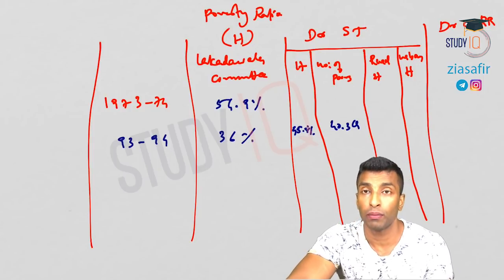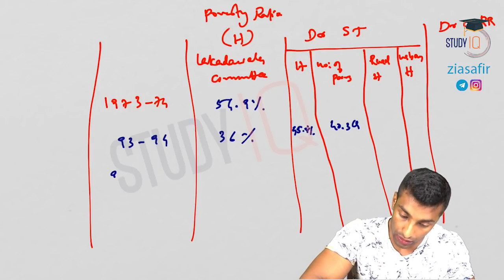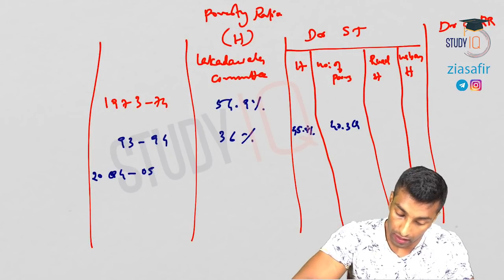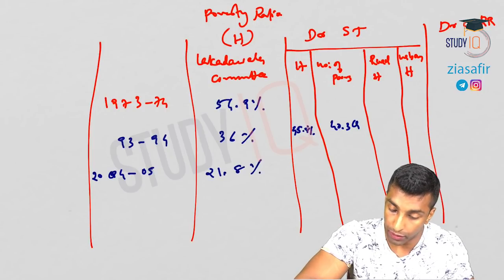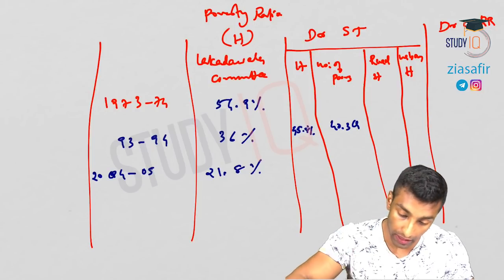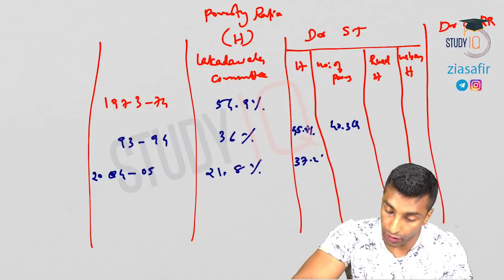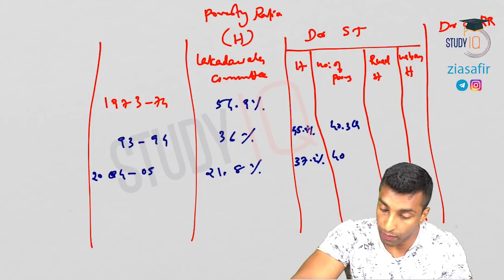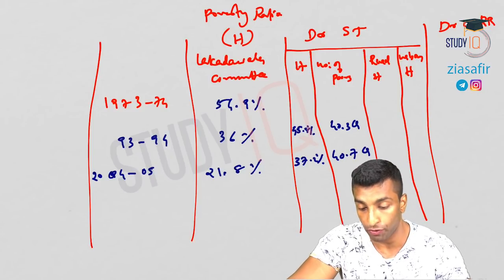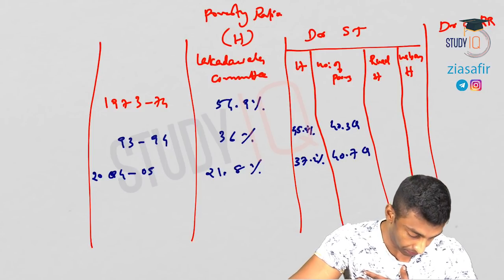Then 2004-5, 21.8% under Lakadwala committee. So here it is 37.2%, and 40.7 crore people are poor.